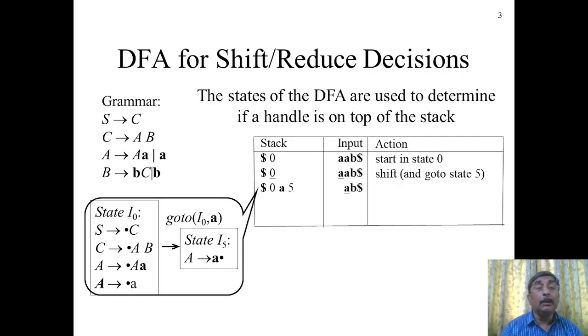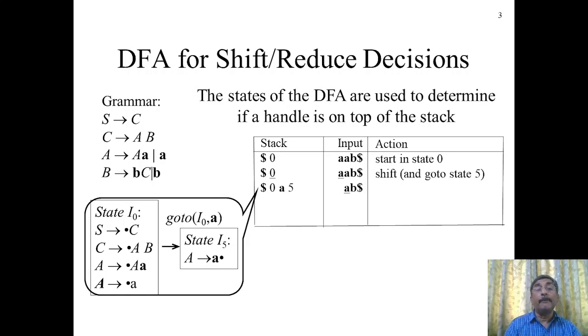In all these slides, you will find that the grammar is written at the very beginning, and at the left we will find the relevant states from the original state diagram. I have assumed that we are using an input stack. The bottom of the stack is initialized by a dollar and a zero.